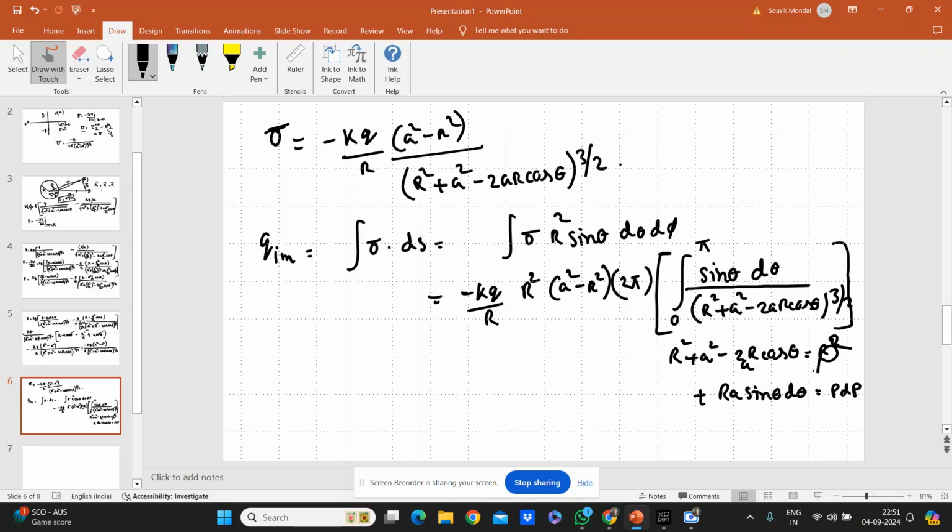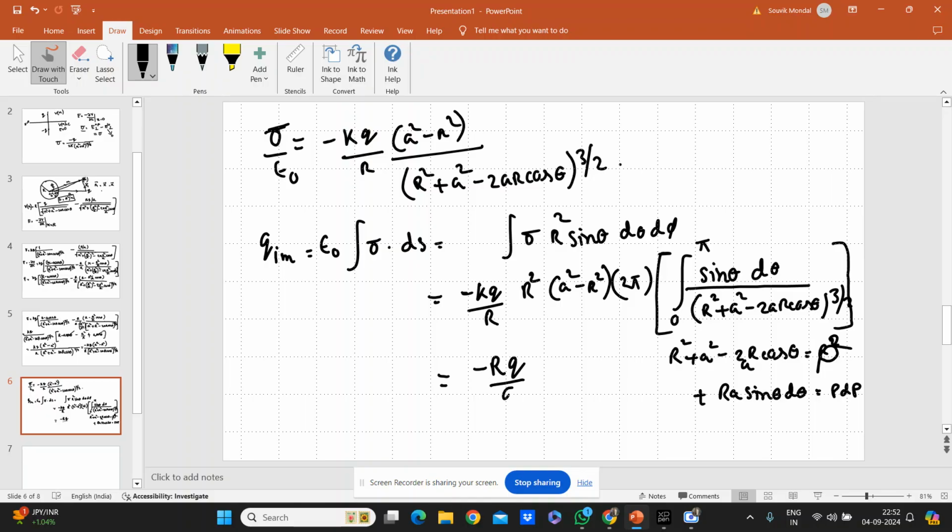So after doing this substitution, you can solve this integration, and finally, if you put k equal to 1 by 4 pi epsilon naught and all these things. Oh, sorry, there is an epsilon naught also, I forgot this. Sigma actually has 4 pi epsilon naught in the formula. So if you finally put this, you can find that it will actually give minus r cube by a.